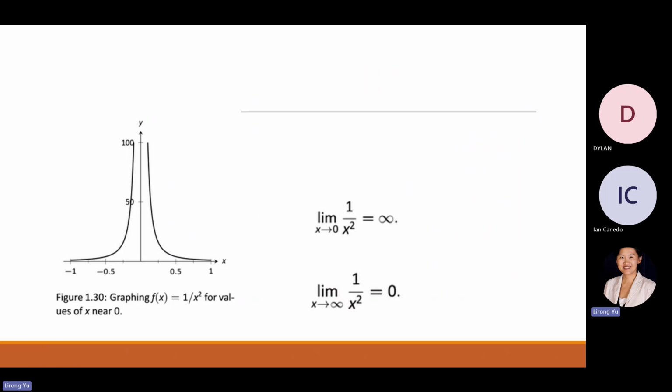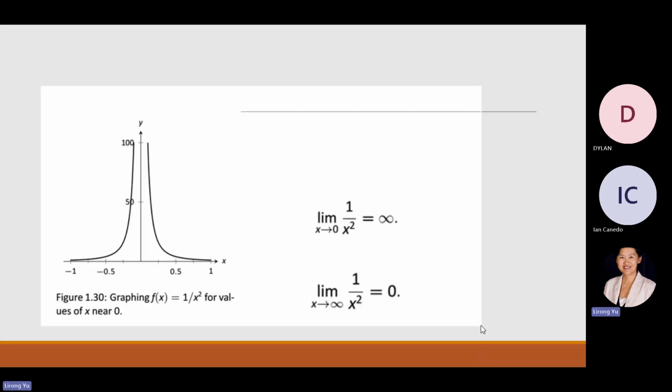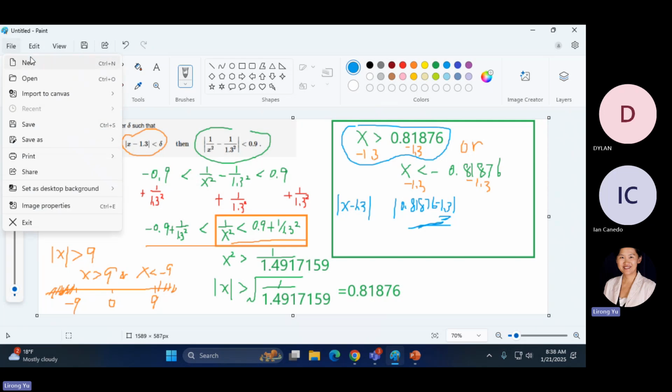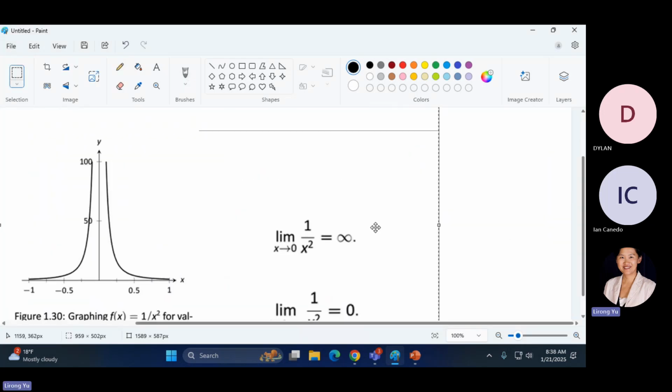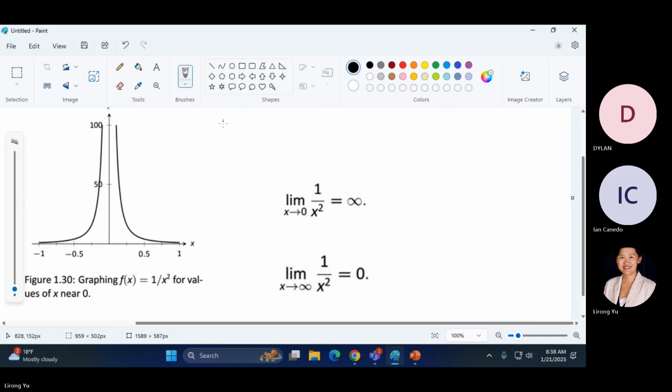So the function y equals 1 over x squared is defined with a single equation, but the visual graph actually has two separate parts because the definition of the function causes the function to be undefined at a given point. So let me use a different color.